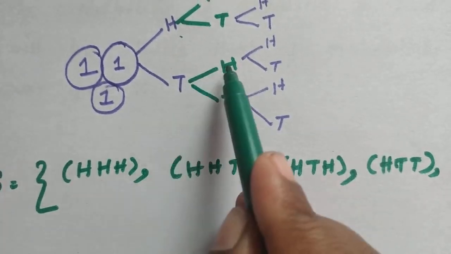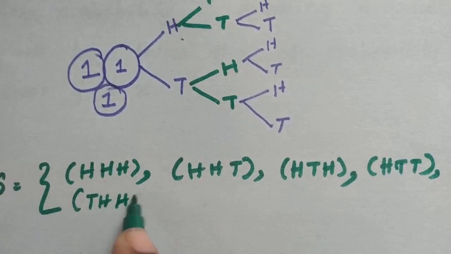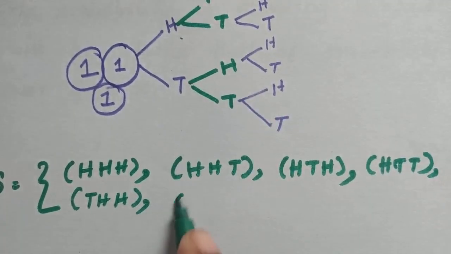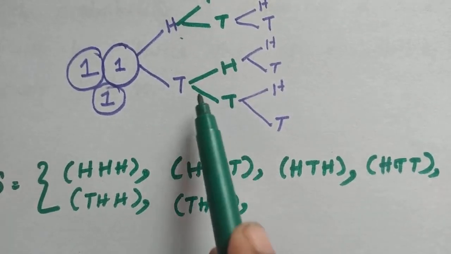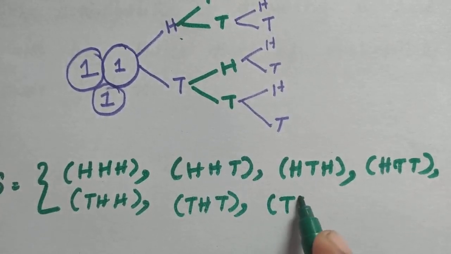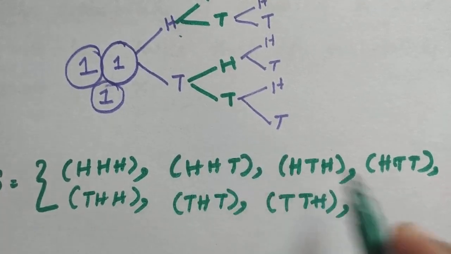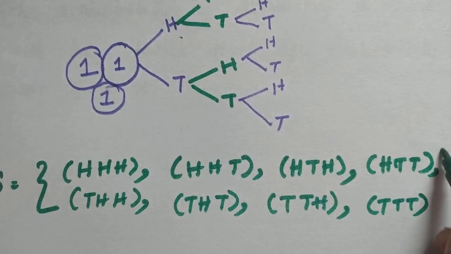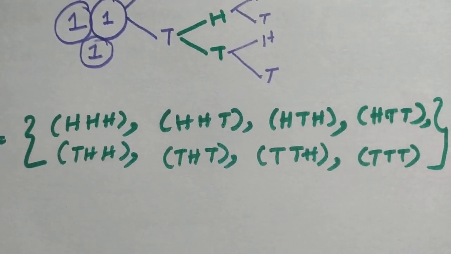Now tail, head, head. Tail, head, tail. Tail, tail, head. Tail, tail, tail. So this is your sample space for tossing 3 coins. Is it clear, children? Yes.